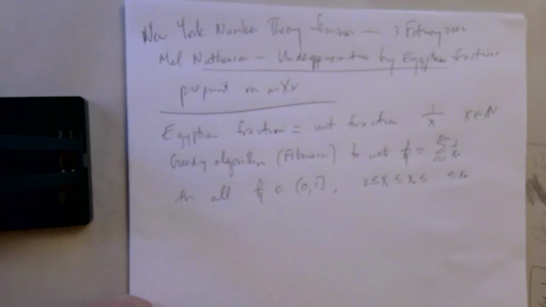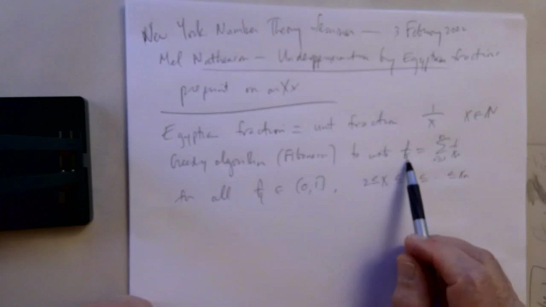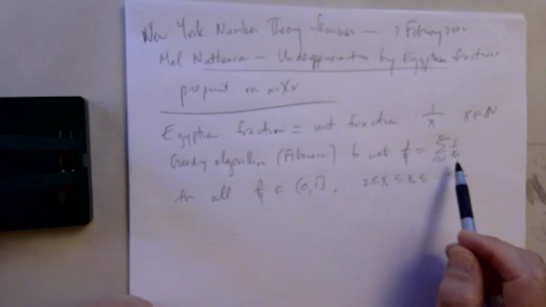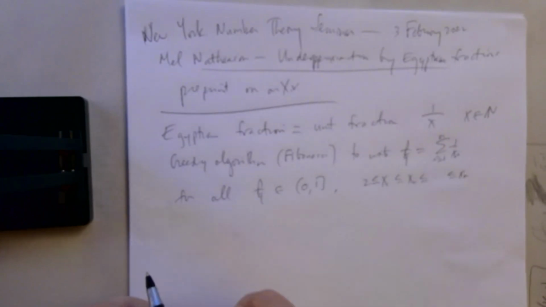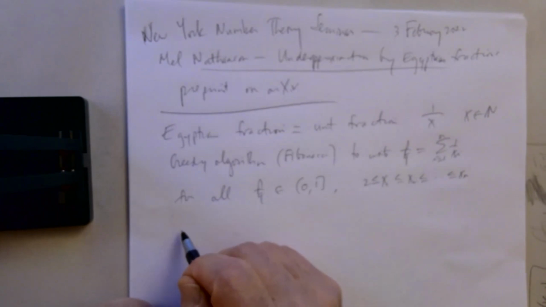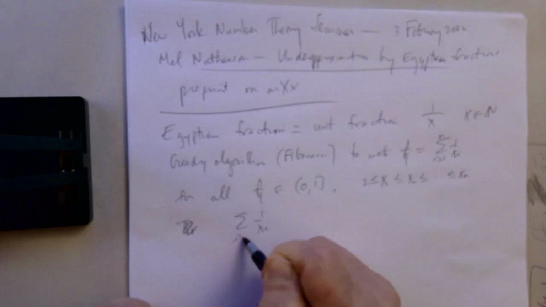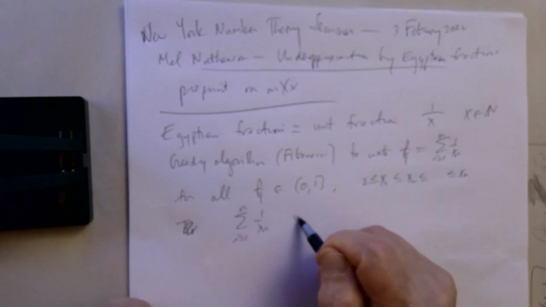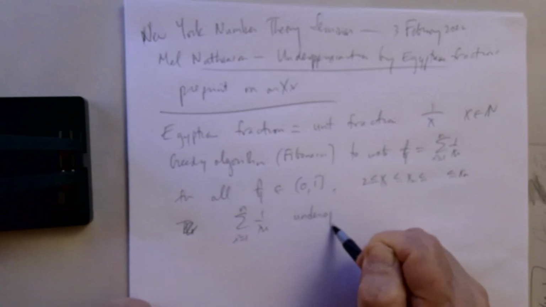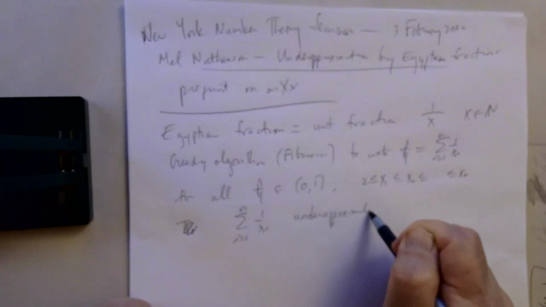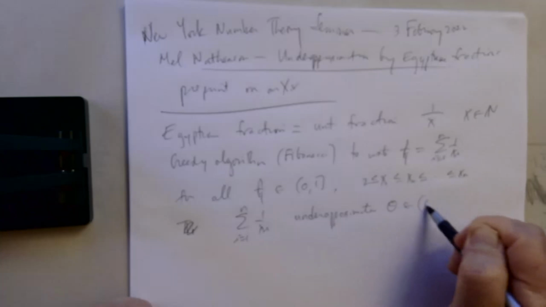But there's something slightly different from writing a rational number as a sum of Egyptian fractions, and that is the following. Let's say that the summation of 1 over x_i, i from 1 up to n, underapproximates some number theta.